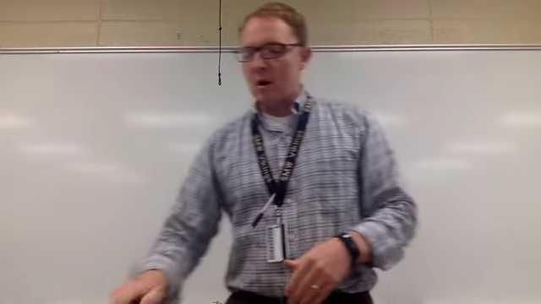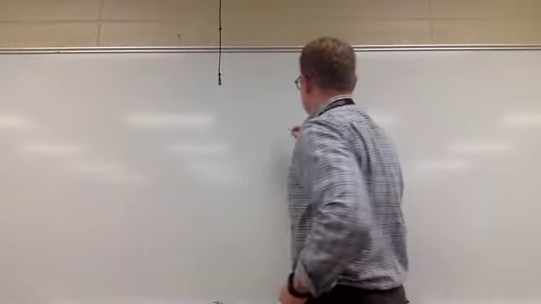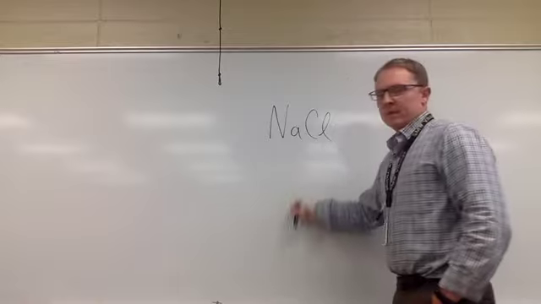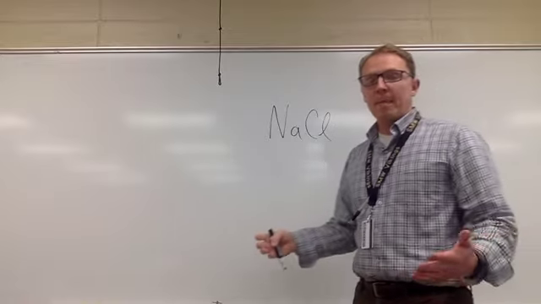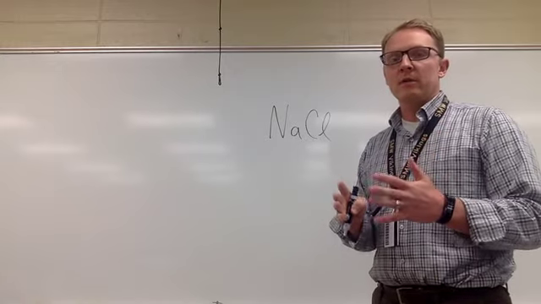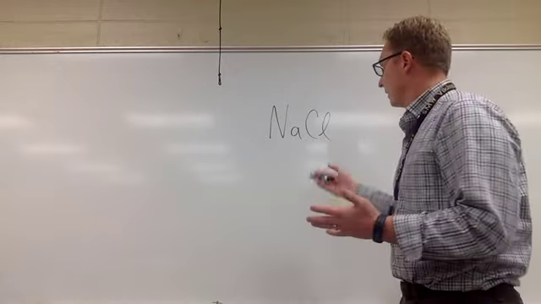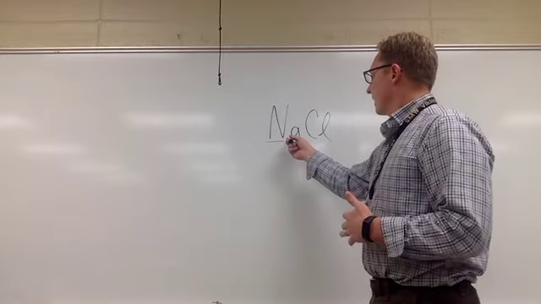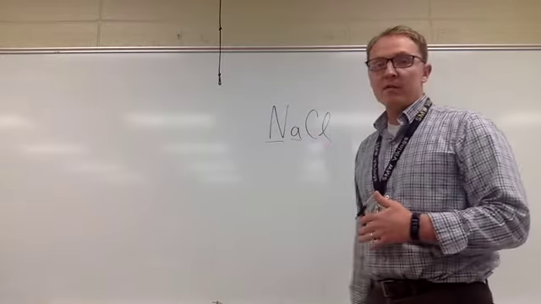So let's start off. The very first one on here is a chemical formula that we see all the time, NaCl. How do we tackle this? On the periodic table, remember that anytime we're starting with a new element, it always begins with a capital letter. So the capital N lets us know we've got an element, and the lowercase letter right next to it means it's part of that first element.